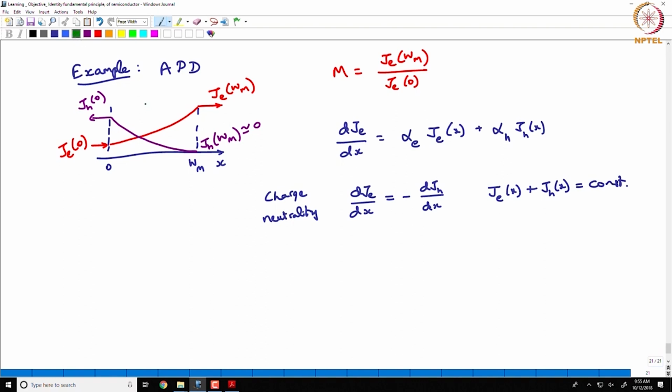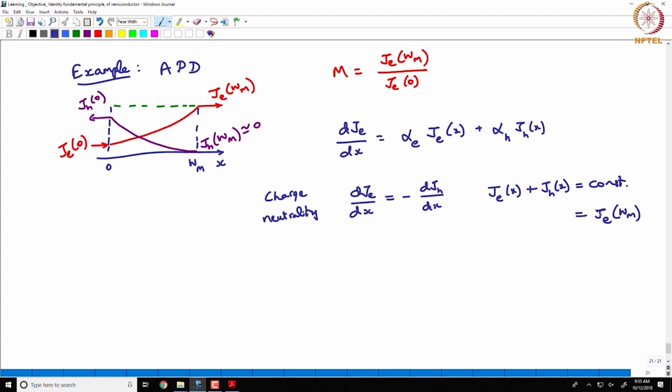That value would have to be this, because at WM, JH of WM is 0. So that constant I can write as equal to JE of WM, because JH of WM is 0, right? So those are the things, and of course we are assuming JH of WM is 0.